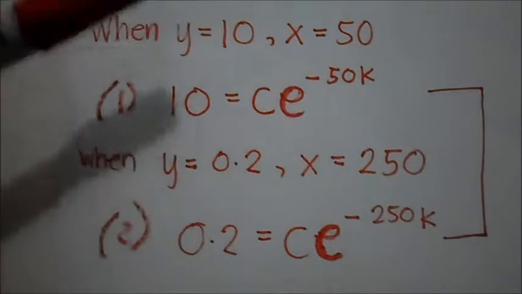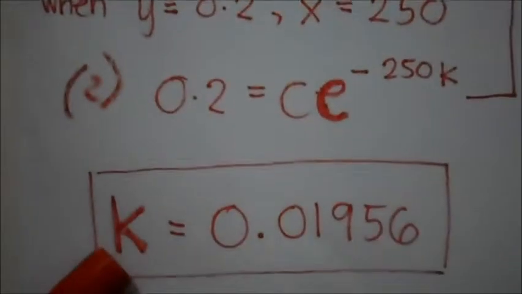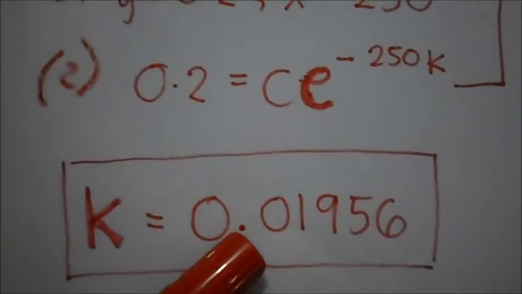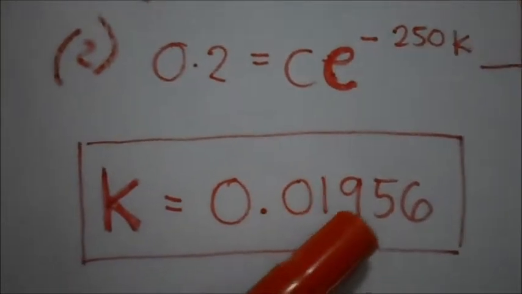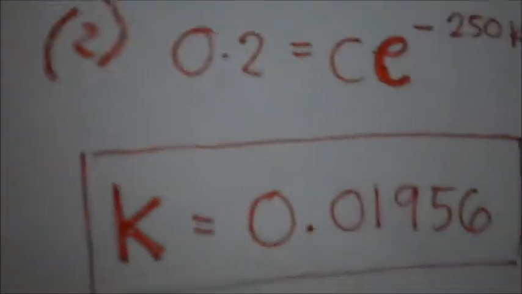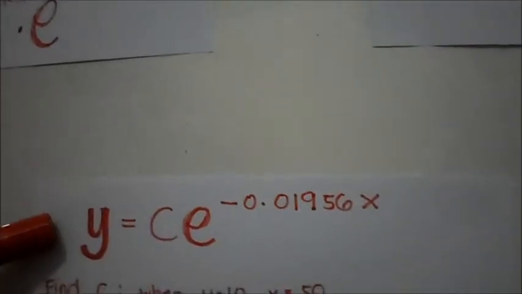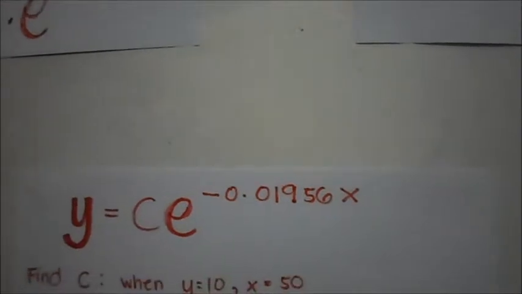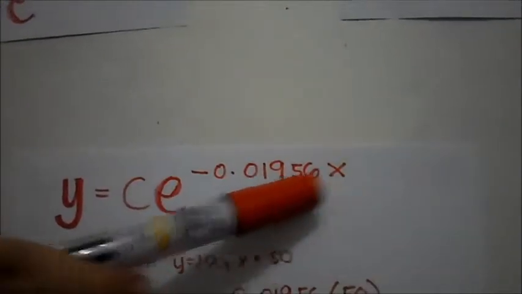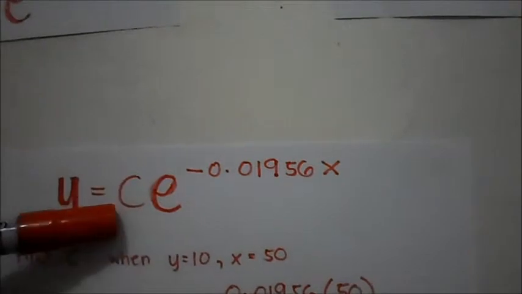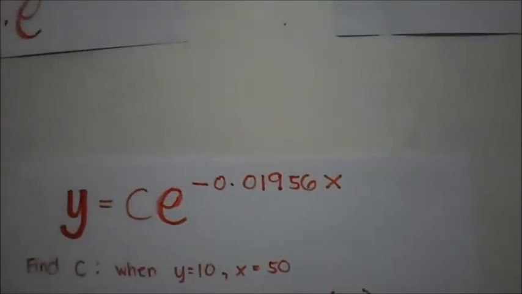Solving for k in this problem, we have k is equal to 0.01956. Because we already found k, we need to find c.